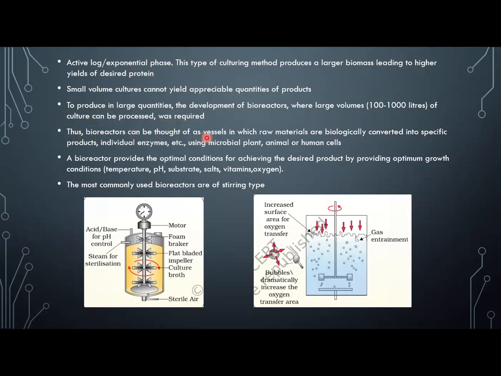Thus, bioreactors can be thought of as vessels in which raw materials are biologically converted into specific products, individual enzymes, etc., using microbial, plant, animal, or human cells. A bioreactor provides the optimal conditions for achieving the desired product by providing optimum growth conditions: temperature, pH, substrate, salts, vitamins, and oxygen. The most commonly used bioreactors are of the stirring type.